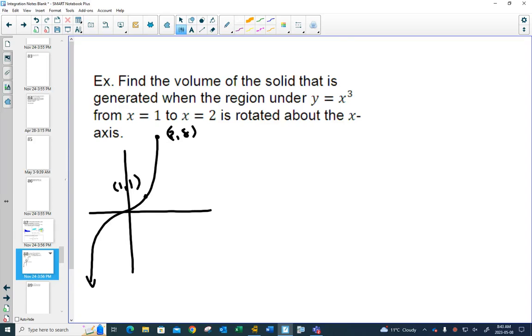So as far as drawing a picture from this, we're going to learn some skills for drawing rotations around 360. This is art classes coming into play. Whatever distance you did for (1, 1), do the same distance for a point down there. And same thing for (2, 8), do the same distance there.